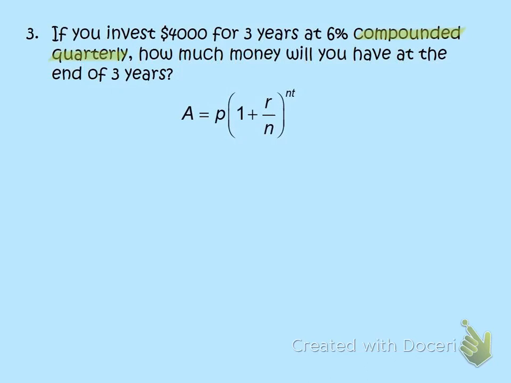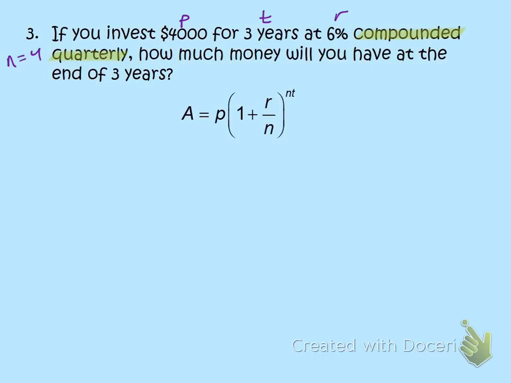So you've got your initial investment, so that's going to be P, $4,000. Obviously, 3 years is your time. 6% is your rate. If it's going to be compounded quarterly, then that means that you're going to get paid 4 times per year, and so N needs to be 4. And that's what we will want to plug in.